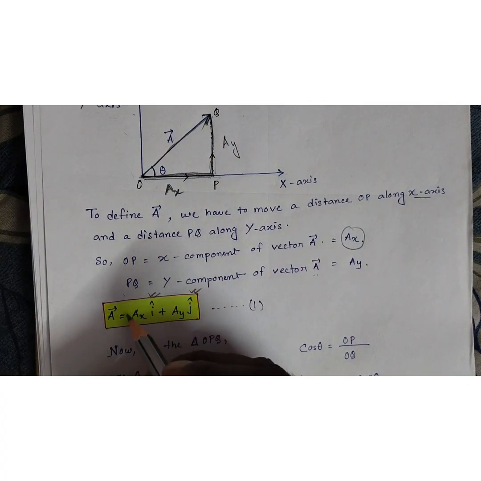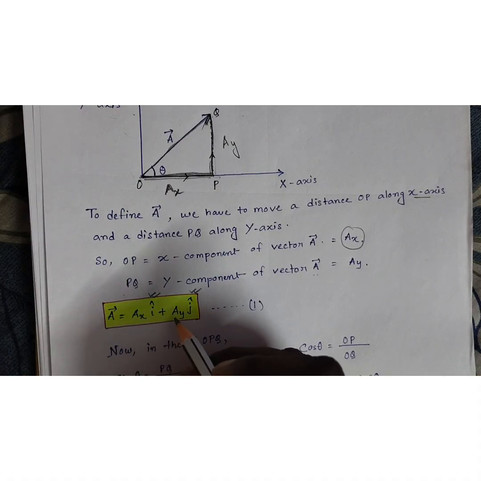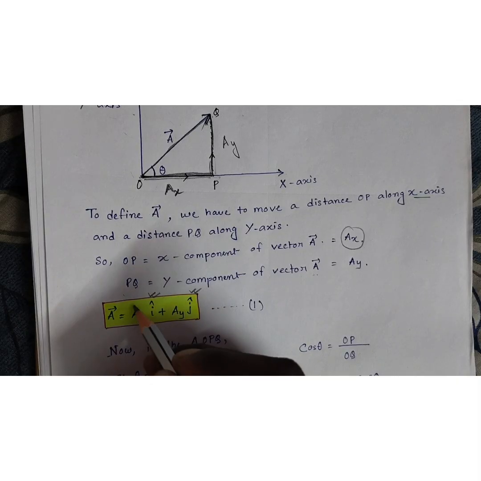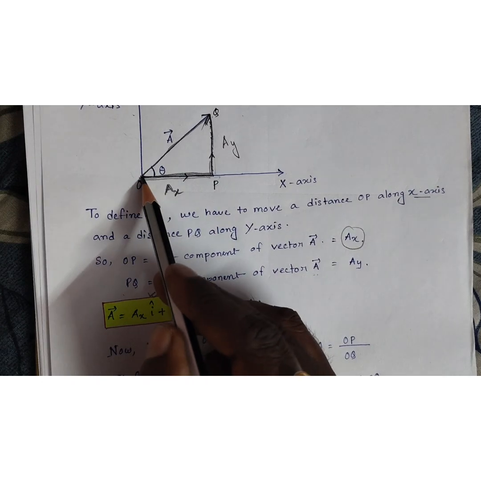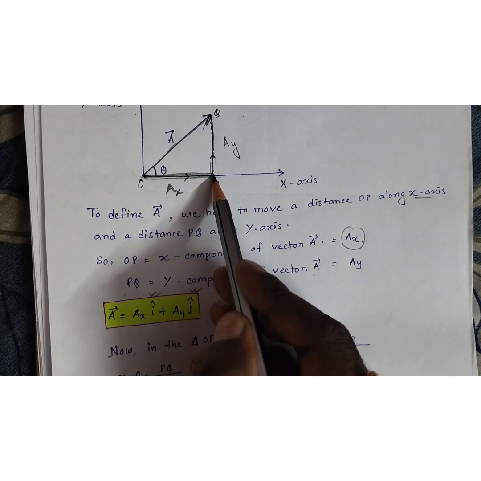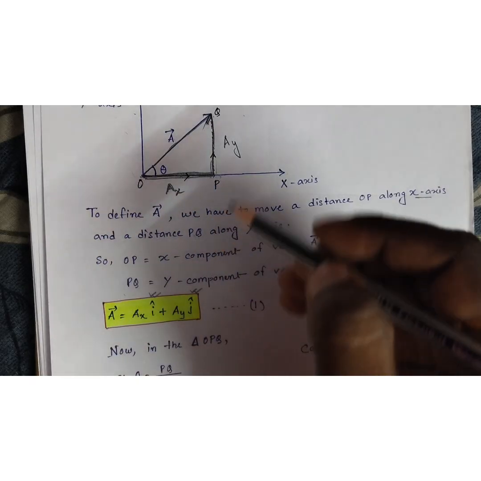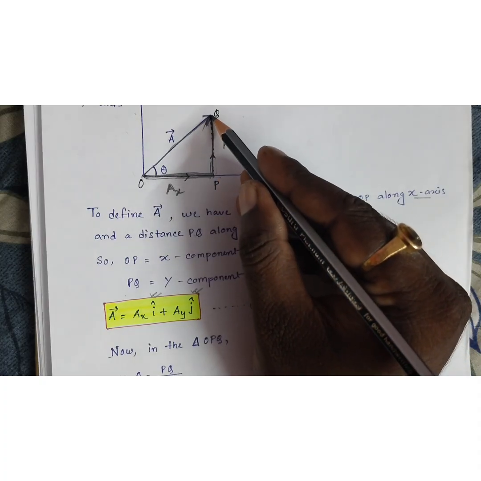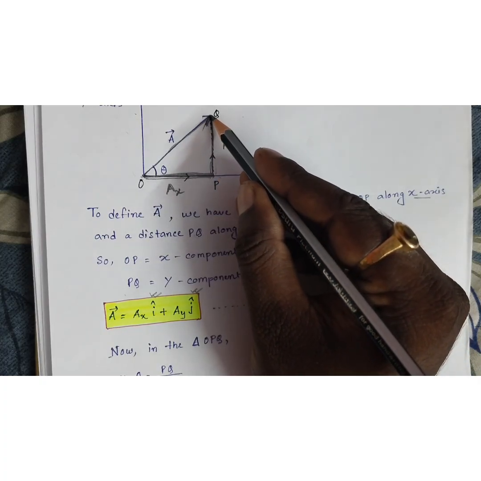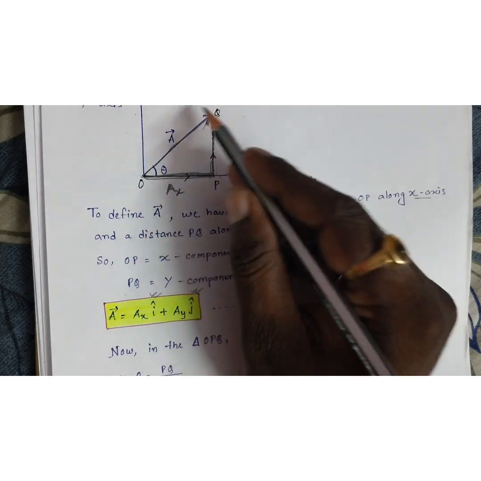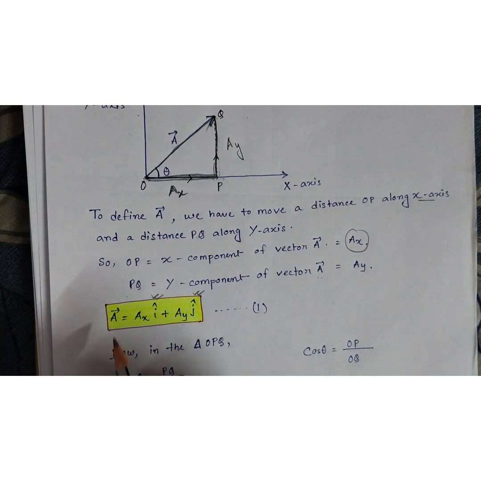So whenever I write vector A equal to A_x i cap plus A_y j cap, that means first we have to move the A_x distance along the x-axis, where i denotes the direction of the x-axis. Then we have to move A_y distance along the j direction, that is the y-axis. So this is the way we represent this vector in two dimensions.